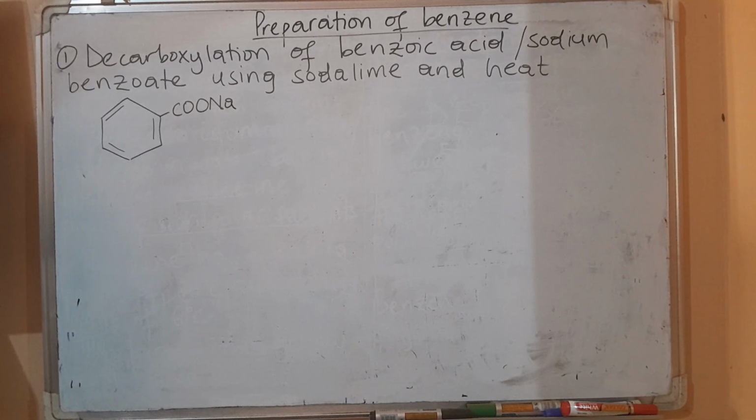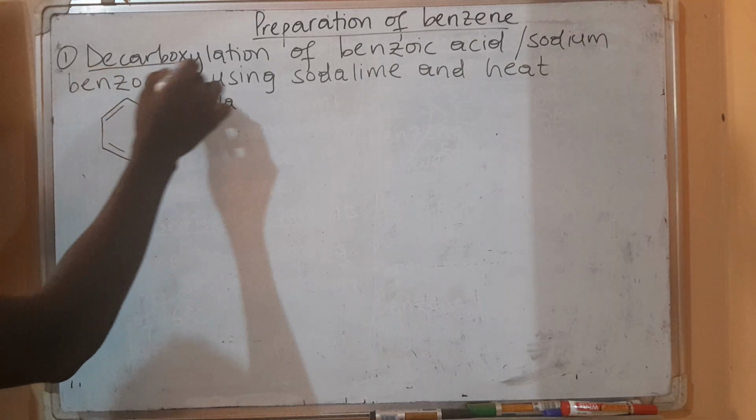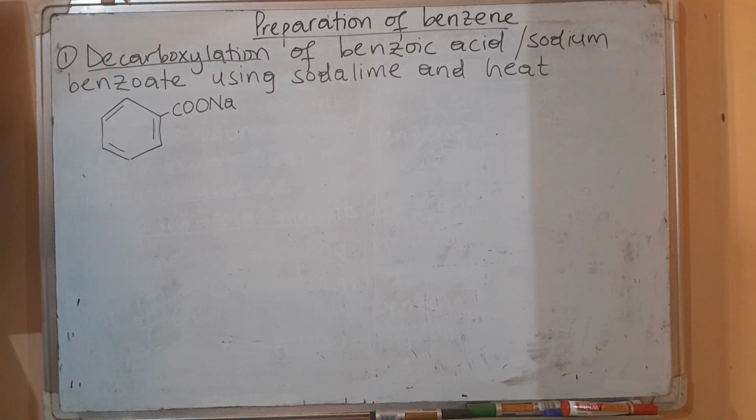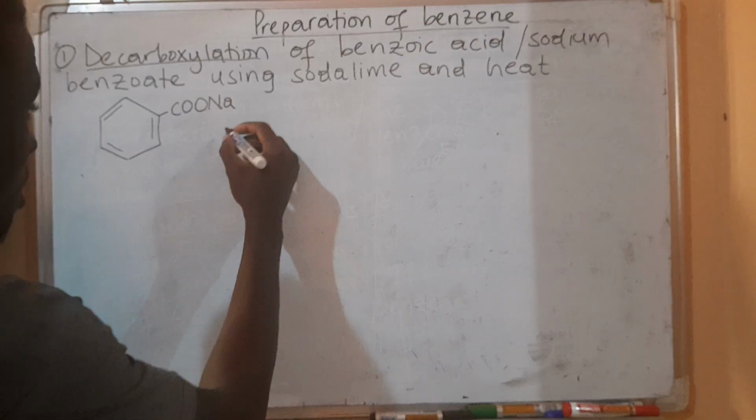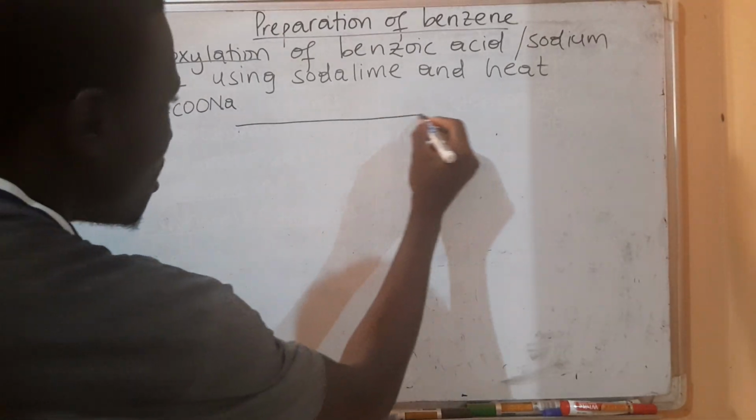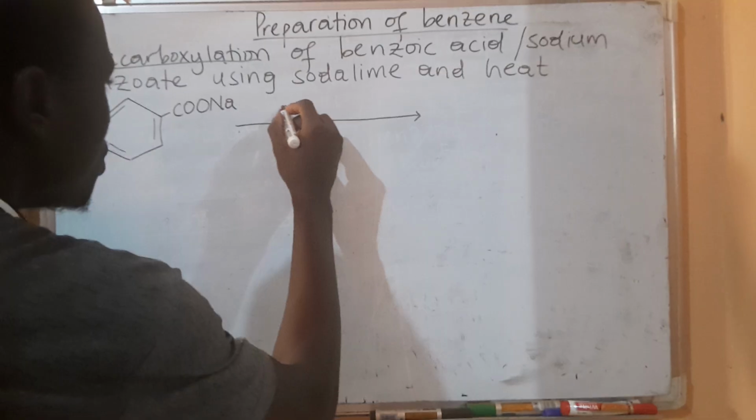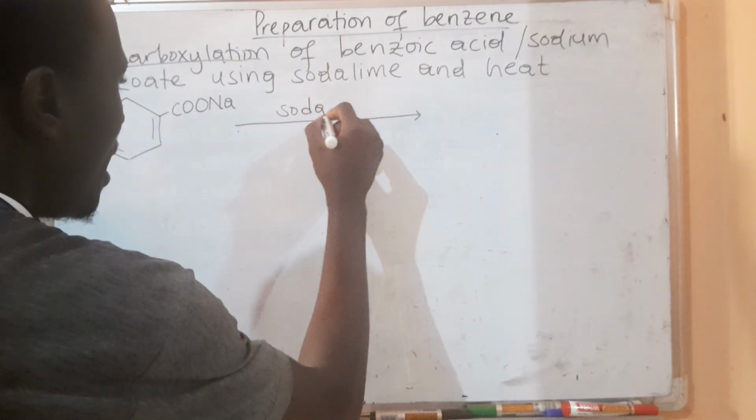You recall we covered this reaction, decarboxylation. Decarboxylation is a reaction where we decarboxylate the reactant. How do we decarboxylate? By removing the carboxyl functional group. So we are going to decarboxylate by removing the carboxyl functional group, and the reagent which is applied in this case is the soda lime and heat.